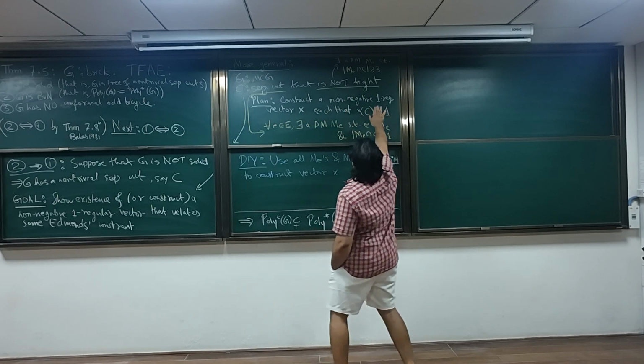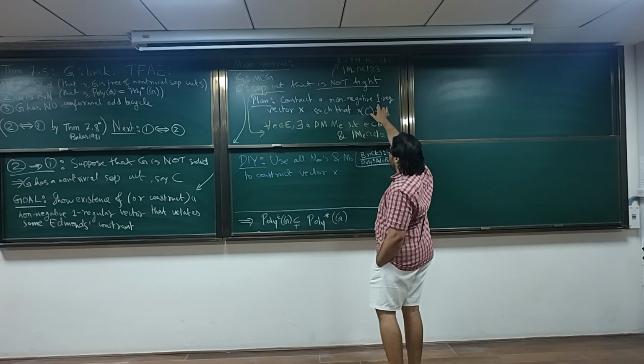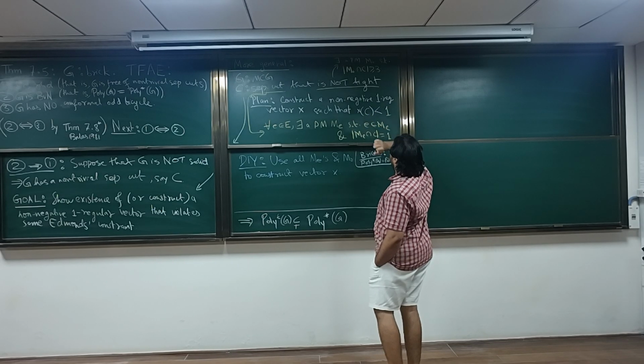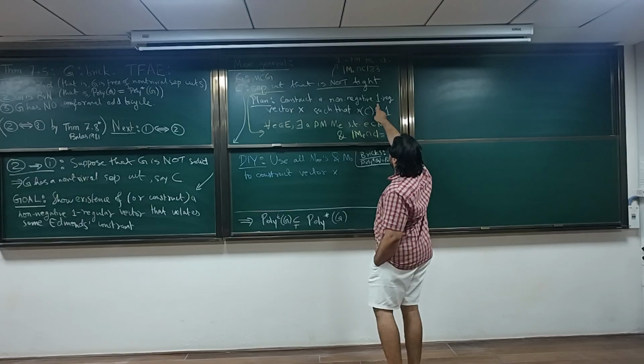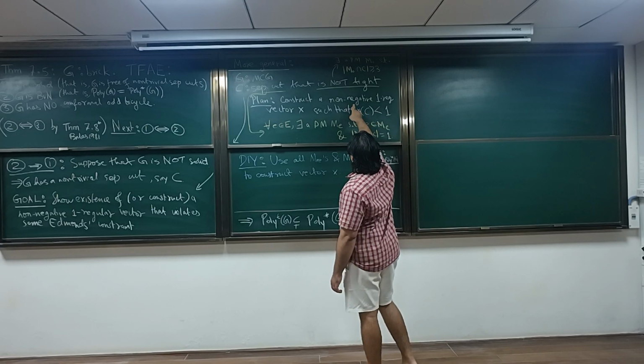and I construct a non-negative one regular vector. Because it is a non-negative one regular vector, it will belong to both the fractional perfect matching polytope as well as the tight-cut perfect matching polytope.